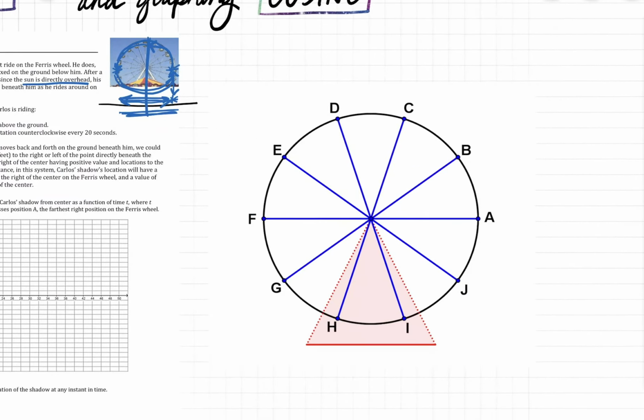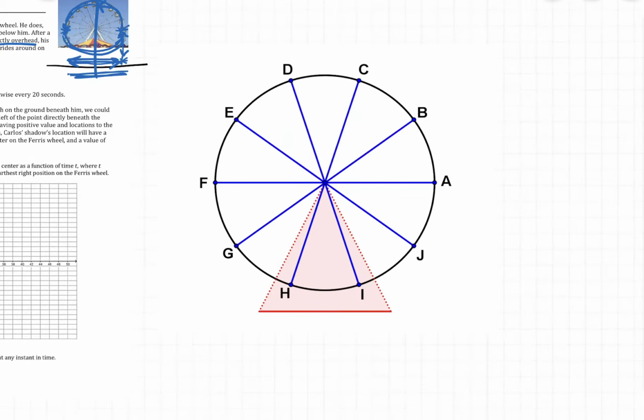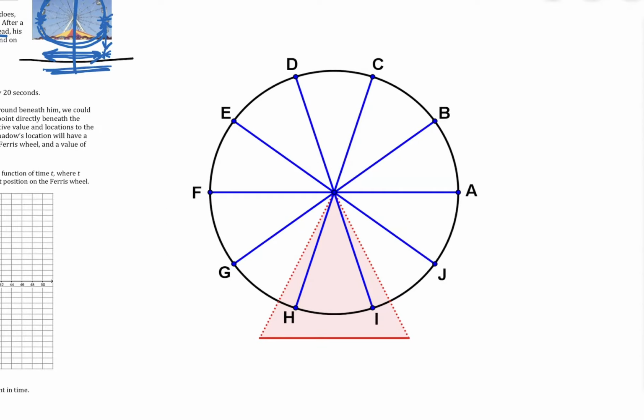So let's look at the Ferris wheel and let's break down his shadow. I'm going to start by going through the times because the times have not changed. If you remember from the last task, this is 0 seconds. A full rotation around the wheel is 20 seconds. So let's do a half rotation around the wheel, which is 10 seconds. A quarter rotation of the wheel would be 5 seconds, which means 3/4 of the wheel is 15 seconds.